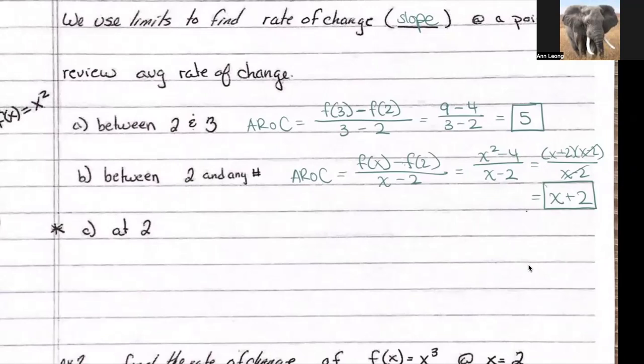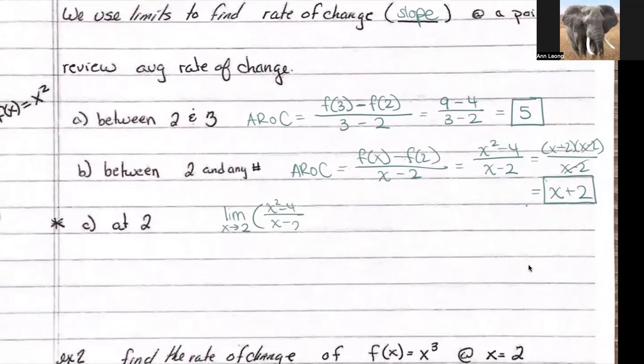Okay, so for c, where it says at 2, this is where we now use our limit. To figure out where the limit of that rate of change is going as x approaches 2, I'm basically trying to figure out what this is as x approaches 2, which we simplified to be x plus 2.